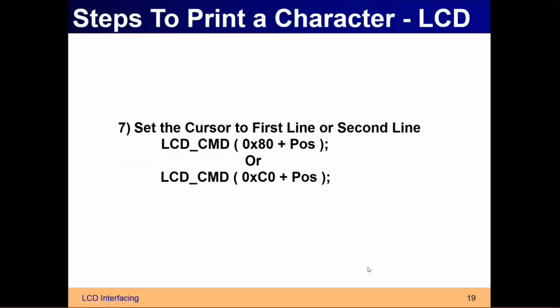Right. So now almost all the configuration is over. The next step is you need to configure in which line you need to display, or you are going to configure the position of the character where you need to display. Here 0x80 is used as the base address for the first line, and 0xC0 will be used as the base address for the second line.